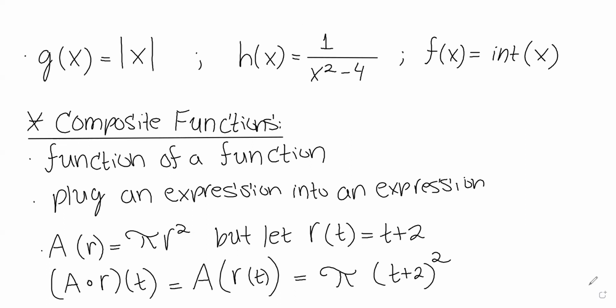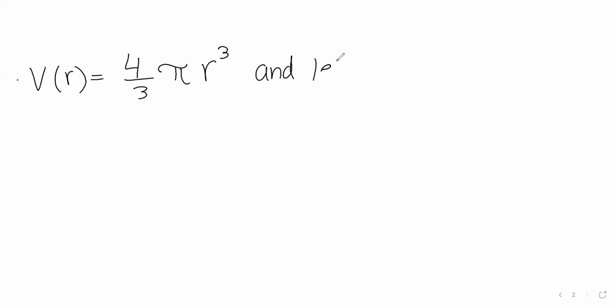Let's see if we can do another example. Another classic example would be, again, related to volume or area. Suppose you consider the volume of a sphere, which is 4/3 pi radius cubed. And again, let r be a function of t.